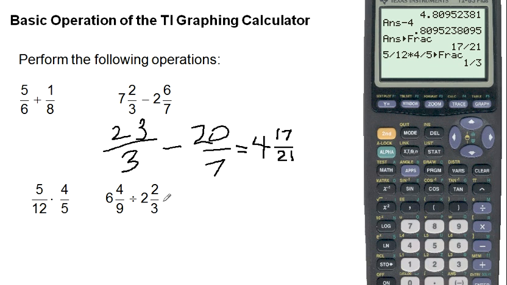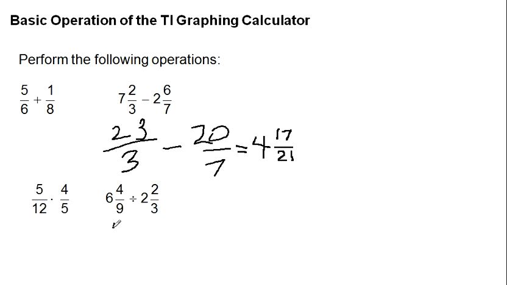But the next problem has 2 complicating features here, the division and the fact that it's a mixed number. Let's deal with the mixed number first. 6 times 9 is 54 and 4 is 58, so we have 58 over 9 divided by 2 times 3 is 6 and 2 is 8 over 3.